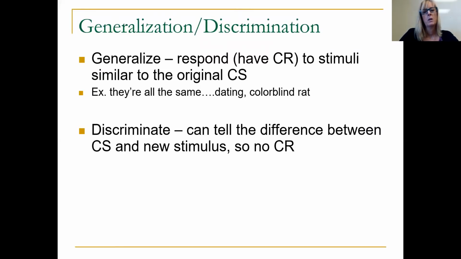It's when you're treating similar situations as different, or you're just treating stimuli as different, okay? So you can tell the difference. If that little kid only got upset when the actual babysitter came over and did not get upset when anyone else rang the doorbell, that kid can discriminate and tell the difference, okay?